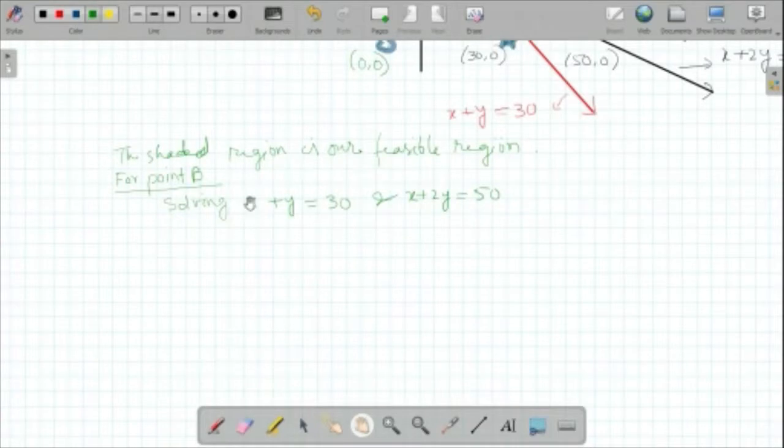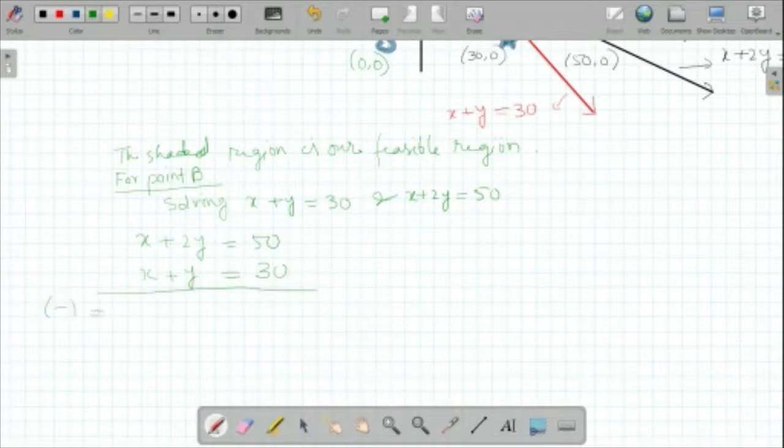It's very easy to solve. The x coefficients are all 1. Just write down the equation here: x plus 2y equals 50, and the other equation x plus y equals 30.